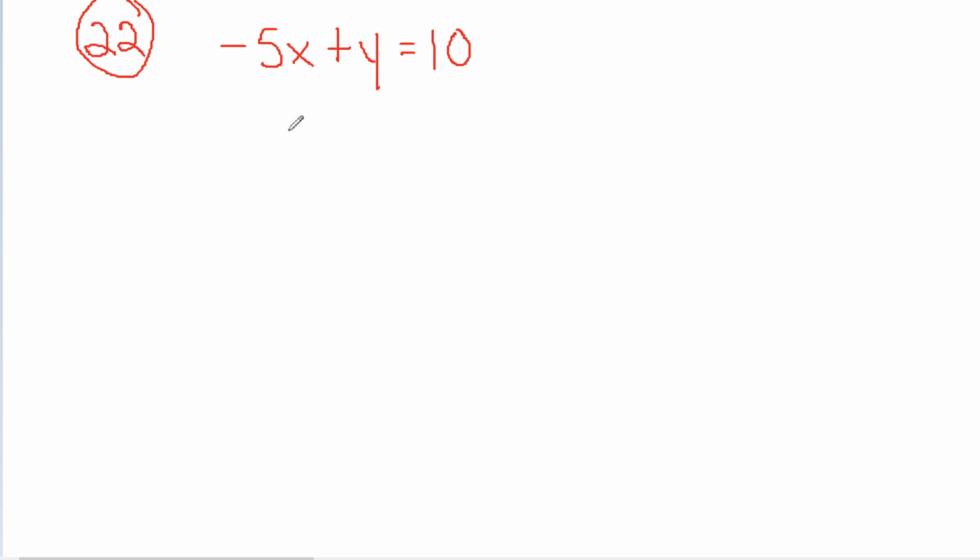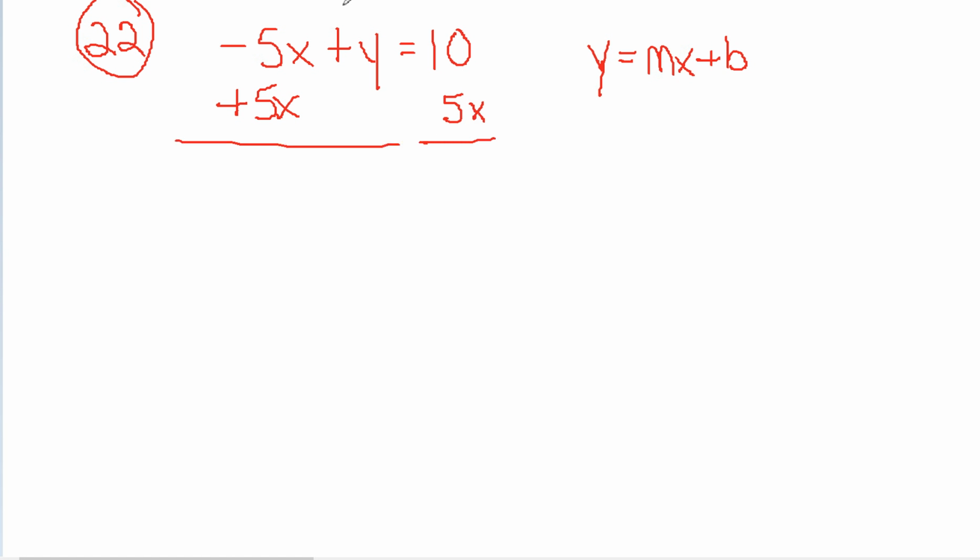Okay, here's another one. This one's in standard form. So we basically want to make sure it is in this form. Take this with you if you need to for each and every problem to remind yourself you've got to get it in this form. So all we have to do here is add 5x to both sides. Okay, so I've got y equals 5x plus 10.